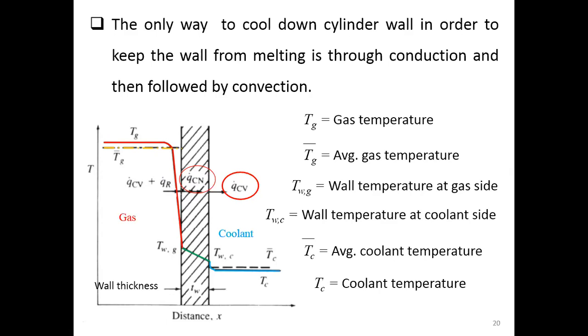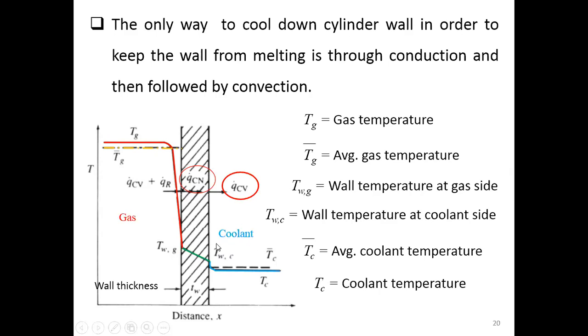Okay, so inside the wall here we have what? The temperature of the wall on the gas side, which is the inside wall temperature. And we also have the outside wall temperature, which is the temperature of the coolant. Outside here, we have the water jacket, the water flow, our coolant flow. So on the outer side of the wall, we have the temperature equal to the temperature of the coolant.